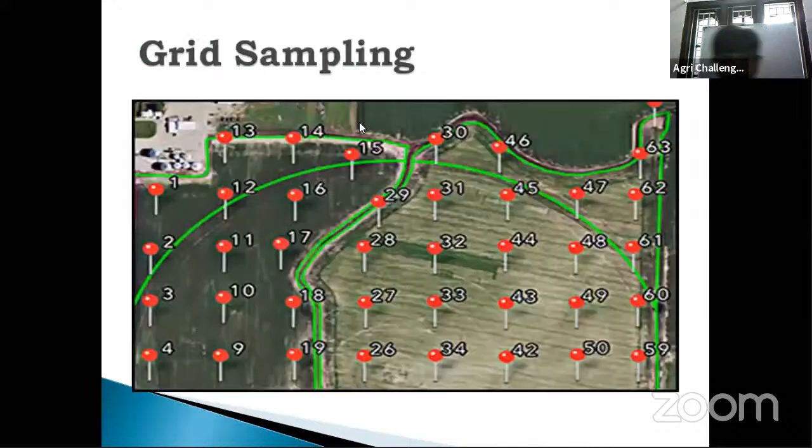Here, you can observe the different grid samples that are taken: sample 1, sample 2, sample 3, sample 4, then 9. Everything is tagged, everything is numbered. We have every location's information. Okay, this is grid sampling.